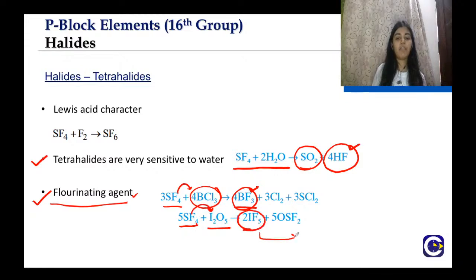So IF5 involves 2 halogens. It is also known as an interhalogen compound that we will study in the 17th group. Interhalogen compounds are compounds formed by 2 halogens. Okay.